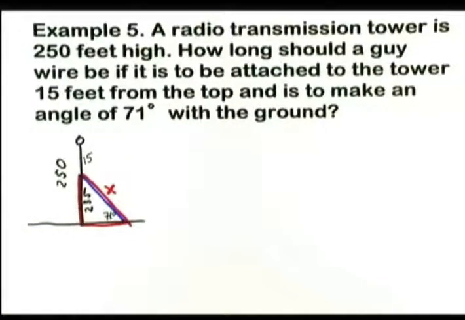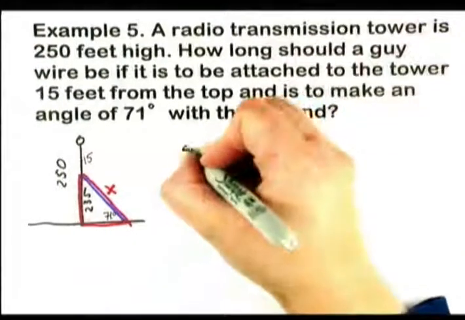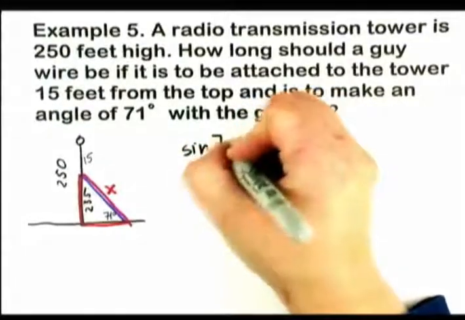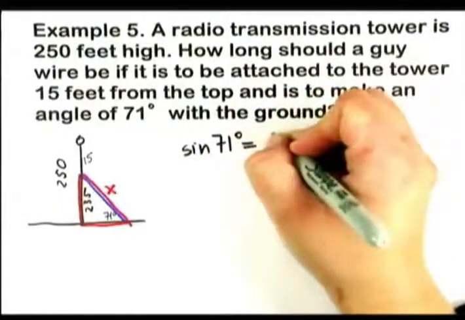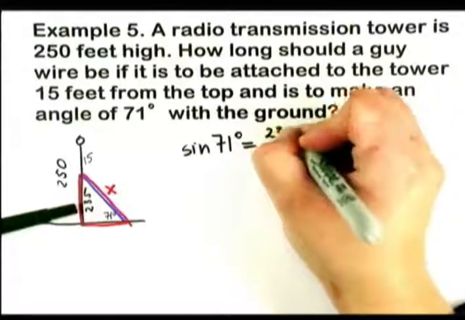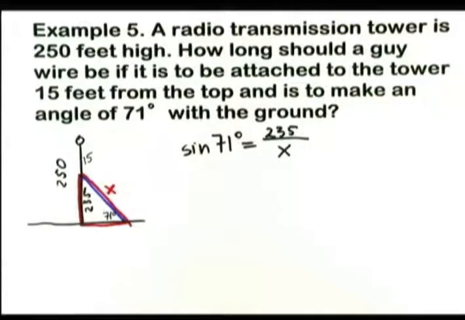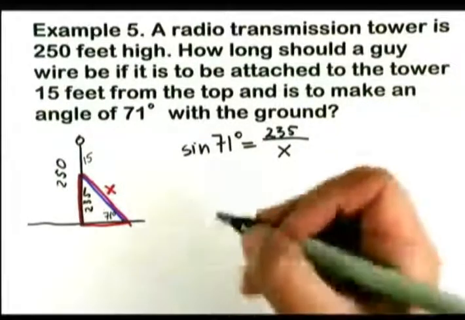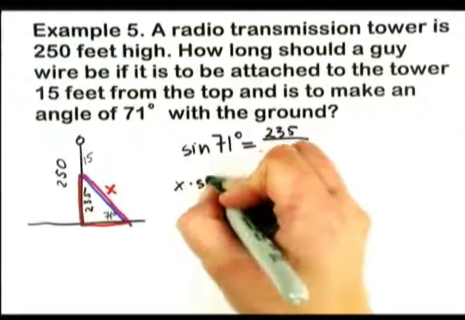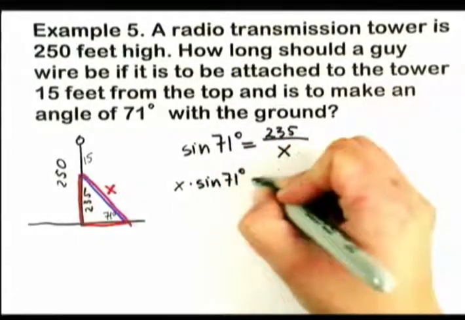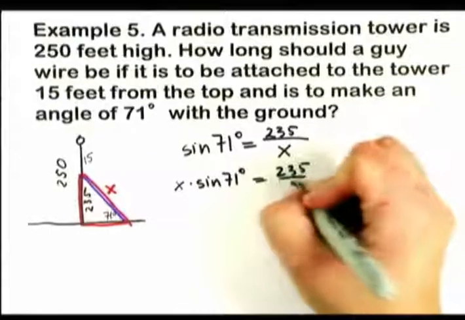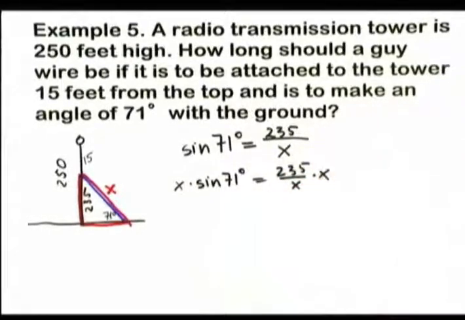Opposite and hypotenuse, what trigonometric ratio can we use? Sine. So we have sine 71 degrees is opposite, my 235 side, over hypotenuse. So now we can multiply times x, and x cancels out.